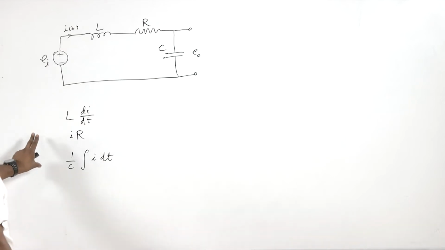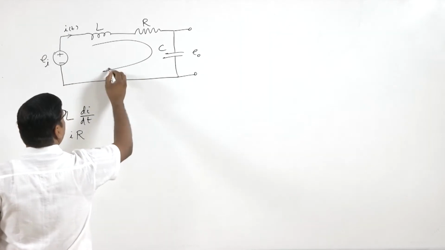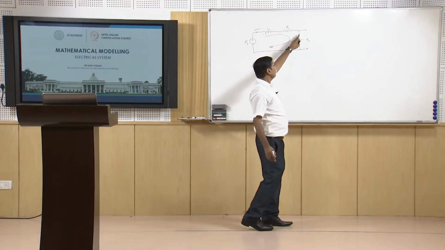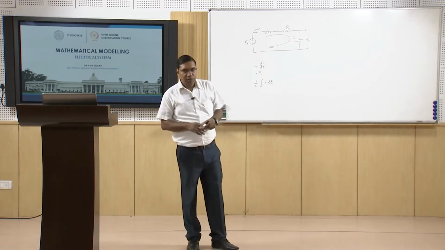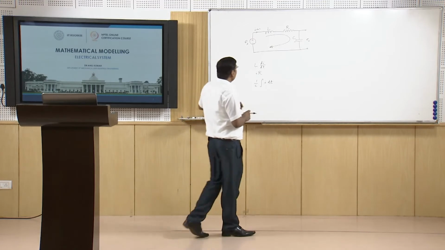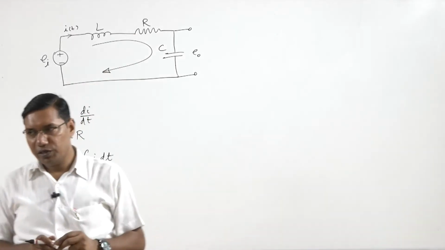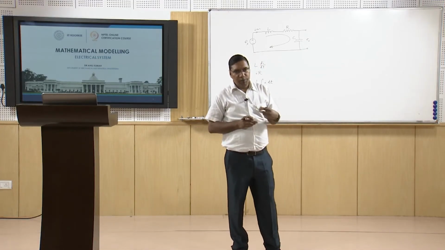Let's traverse this loop. Because this current i is flowing through the loop, with no diversion of the current, we don't need to apply the node law, but we apply the voltage law.